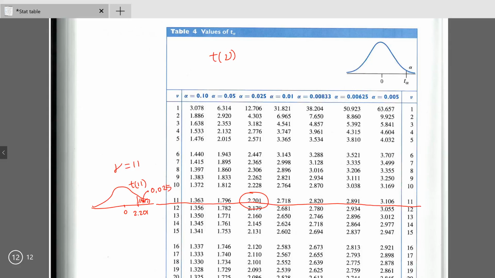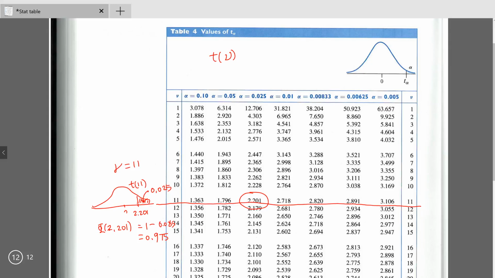So it's not giving us the CDF. This is not the CDF. However, from this number we know that the CDF at 2.201 is going to be 1 minus this 0.025, so this is 0.975.